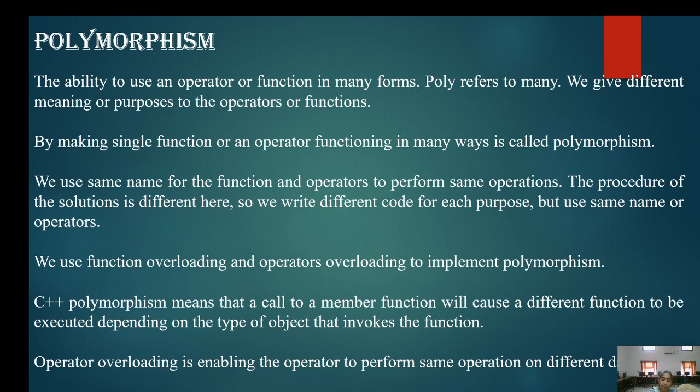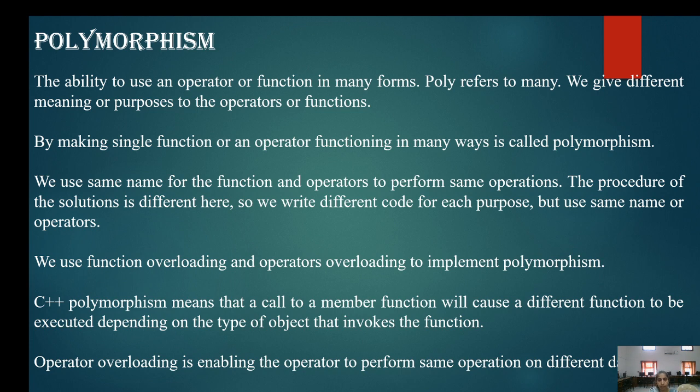Operator overloading is enabling the operator to perform the same operation on different data types. Here, like you see, the plus is already defined to perform integer and decimal point addition.